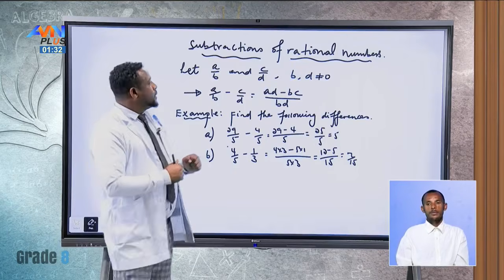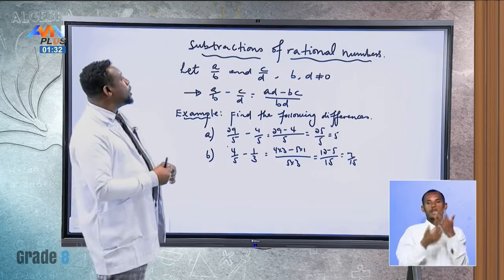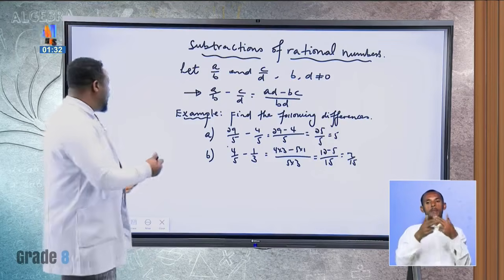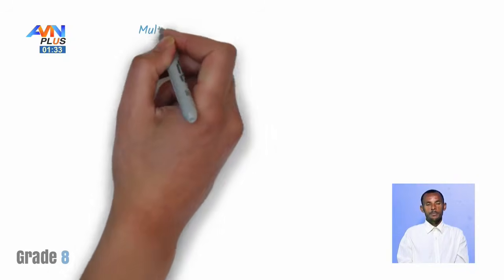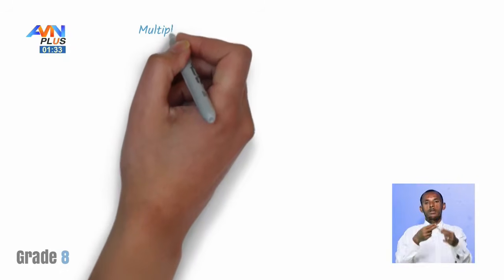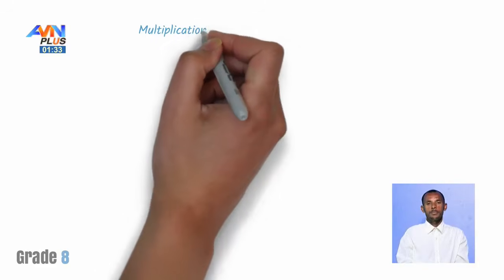Our next point of discussion is about multiplication of rational numbers.